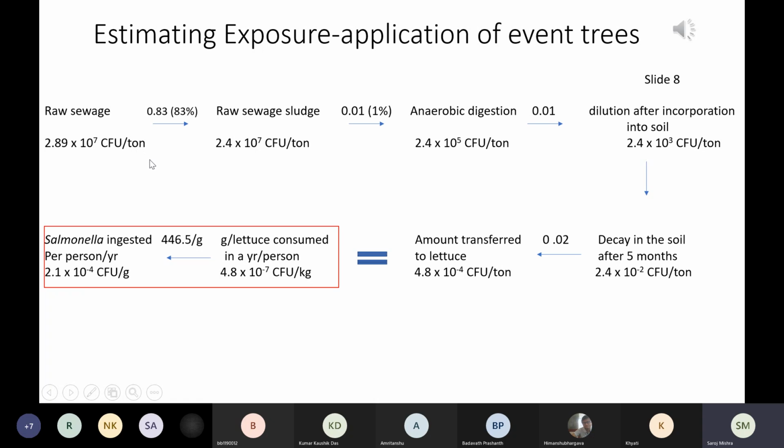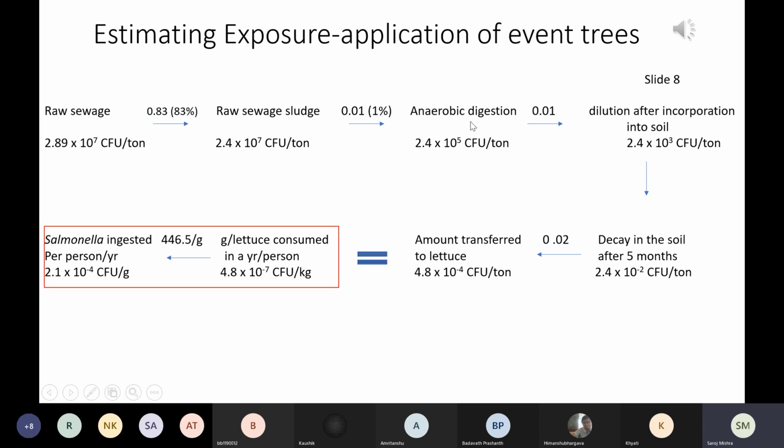Now the sludge which is formed from the raw sludge: when you remove the effluent in the primary treatment, very little bacteria goes away. Almost 83% is carried over. So 83% of the bacteria remain in the sludge, which is 2.4 times 10 to the 7 colony forming units per ton of sludge.